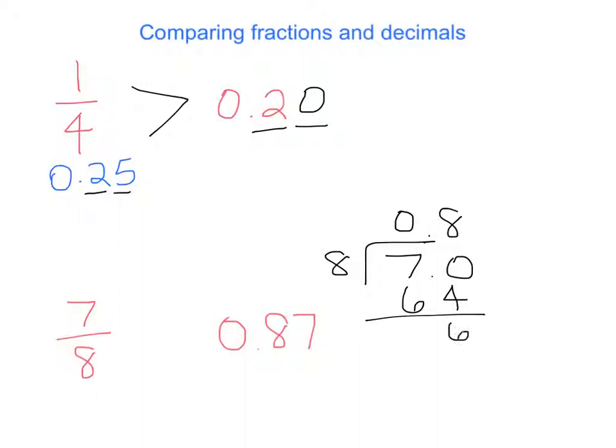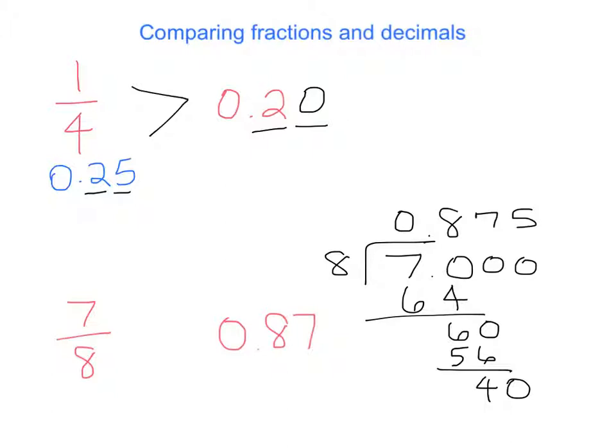We get 6 left over. Bring down our 0. 8 goes into 60 7 times with 56 and 4 left over. We bring down our other 0. So we have 8 goes into 40 5 times. So our decimal for 7/8 is 0.875.